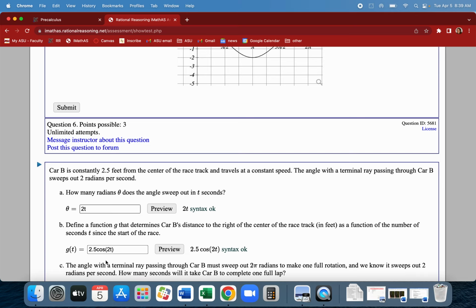For car C, which is traveling around a circle with a 3-foot radius, 1 foot is how many radius lengths? Yeah, it's 1/3. So 1 foot per second traveled around the arc is the same as 1/3 of a radius length traveled along the arc per second, or 1/3 radian per second.